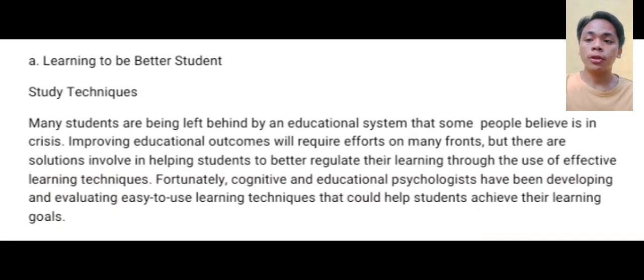Learning to be a better student. There are study techniques. Many students are being left behind by an educational system that some people believe is in crisis. Improving educational outcomes will require efforts on many fronts, but there are solutions involved in helping students to better regulate their learning through the use of effective learning techniques.